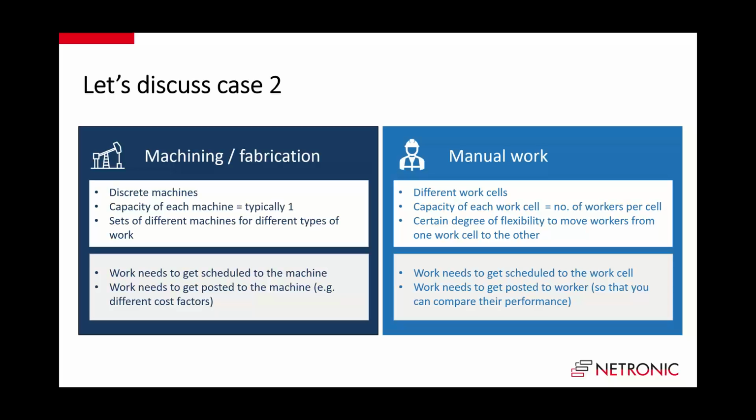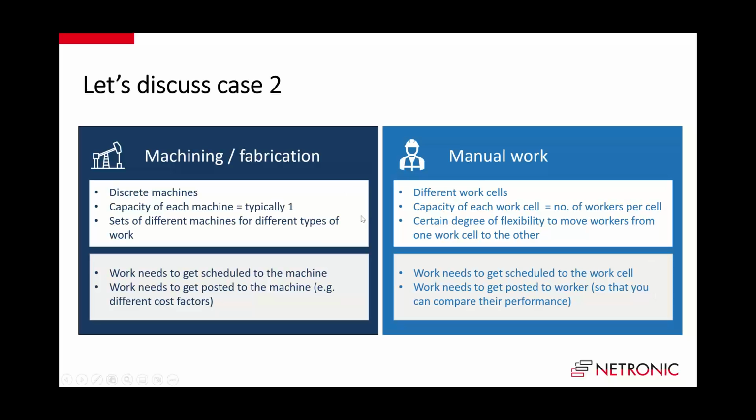And then they can work with them and compare what the one is doing better than the other and why it's more efficient, or they figure out that the one person takes more cigarette breaks or breakfast breaks than the other. So this happens, and hence, although we schedule, let's say in quotes, to the work cell or to the work center, we oftentimes need to post the work to the worker.